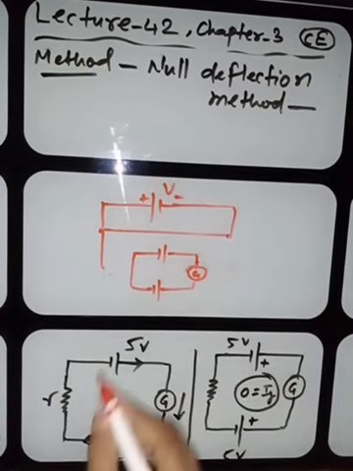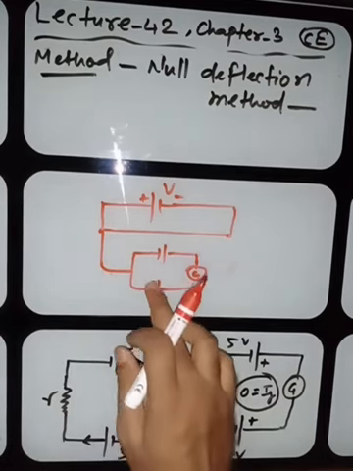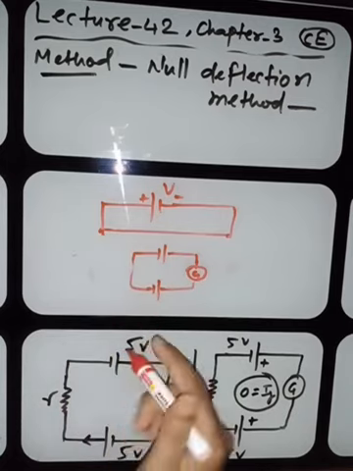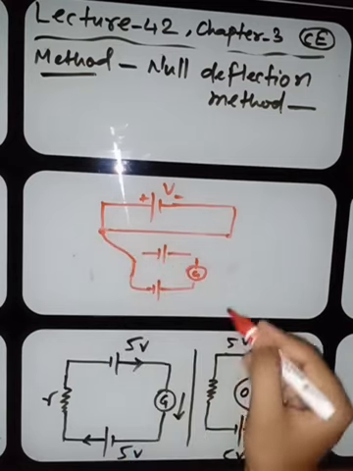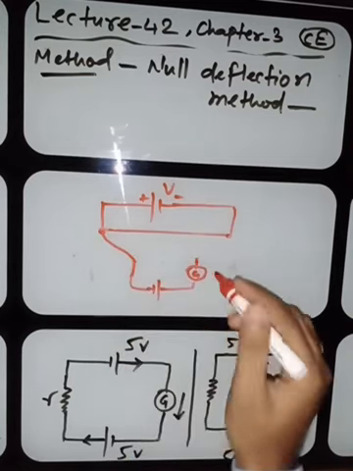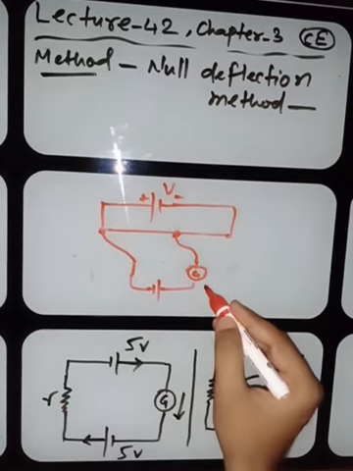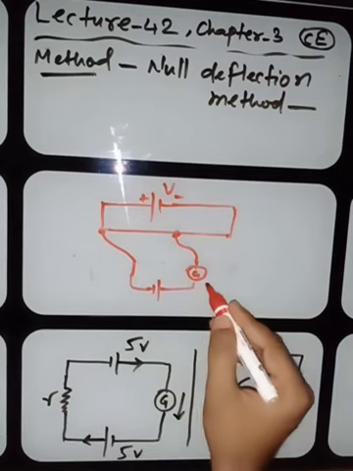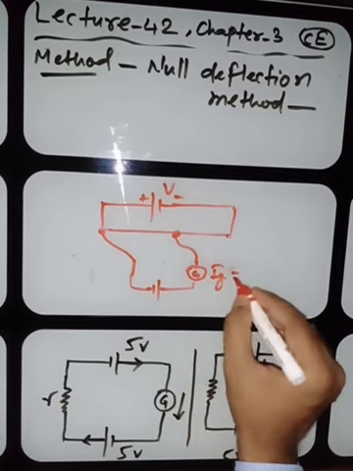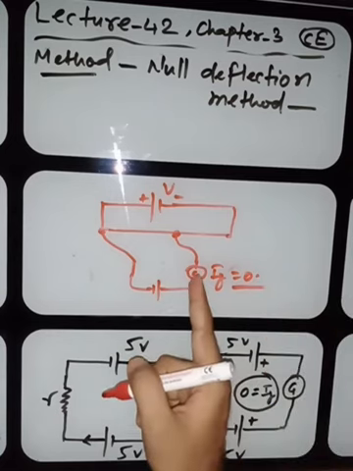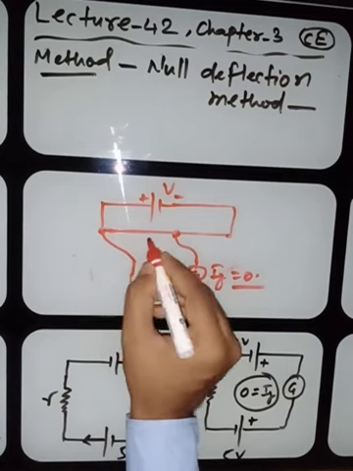Now what will happen? If you connect the resistance, after interchanging one point here, and you remove this one and connect one point here, can this galvanometer give 0 deflection? Yes, but when will it give 0 deflection? It will give current 0 if this voltage E and this voltage E are the same.